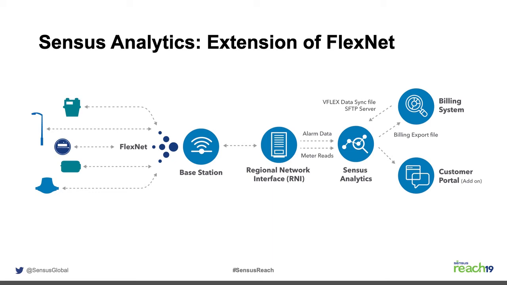It's just back end, all that data is coming in, it's raw data, and some folks are using RNI, but once it hits RNI, we take a subset of that data and bring it into Sensus Analytics and display it through a variety of places. And if you have Customer Portal, we also use some of that Sensus Analytics data and show it out to your consumers. So this is the true power of having the data all in the network.